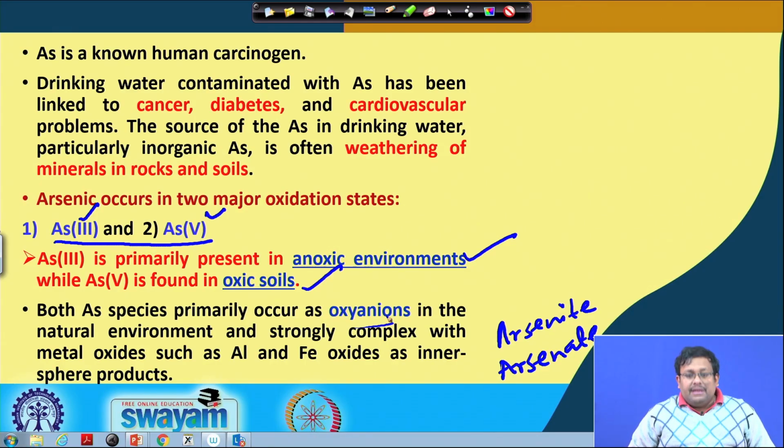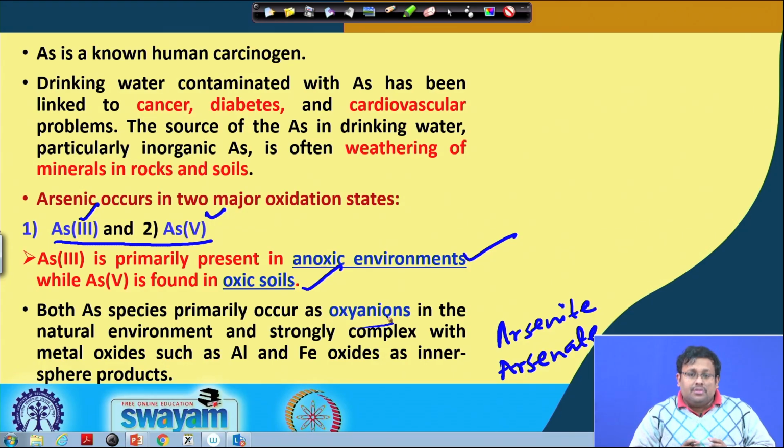Its concentration in drinking water mainly comes from the weathering of rocks, so it is geogenic in nature. Some amount is anthropogenic, but mostly it is geogenic.